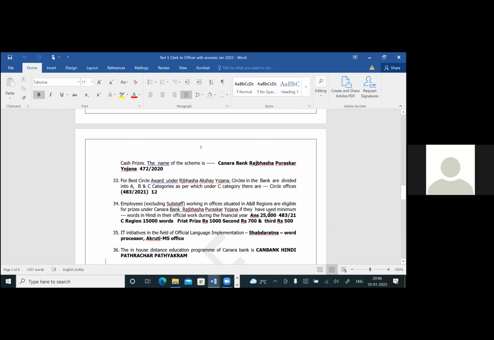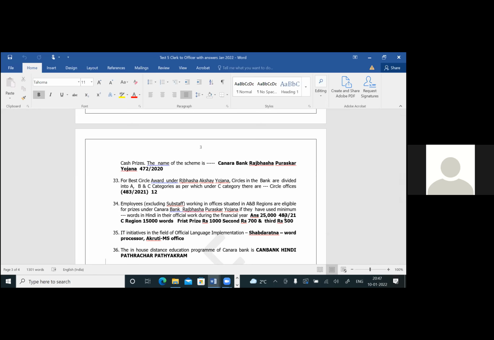This is given in 483 by 2021. In C region, if they use 15,000 words of Hindi in a financial year, they are eligible for an award. The first prize is 1,000, second prize 700, third prize 500. Please go through 483 by 2021.